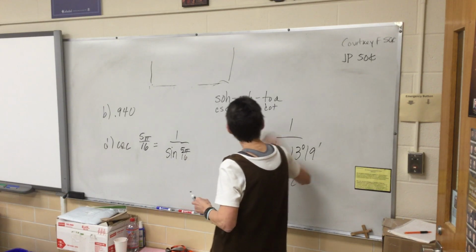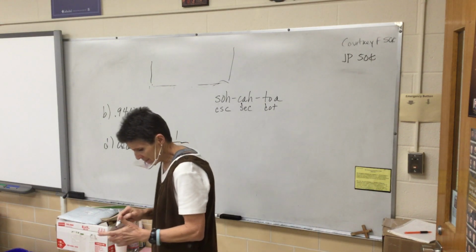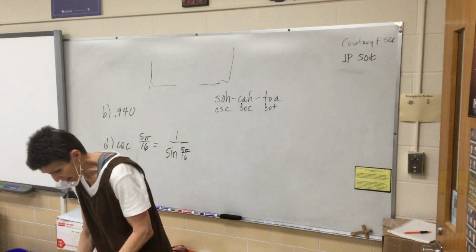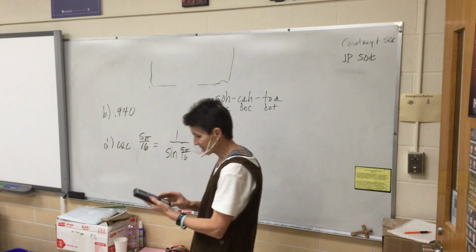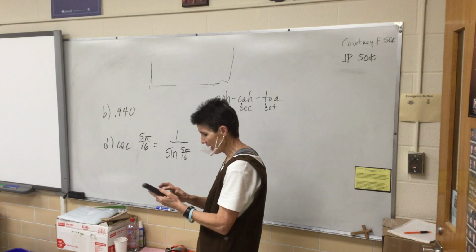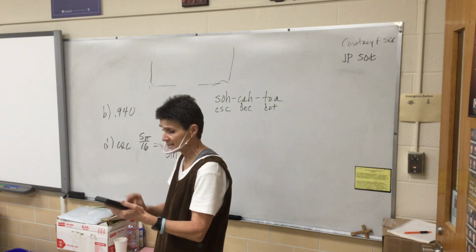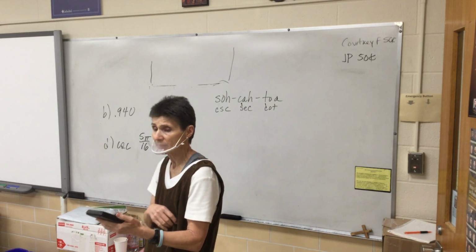Type in 1 divided by sine, and then 5 pi divided by 16. You do not need to add any extra parentheses. The only parentheses necessary come up for you.